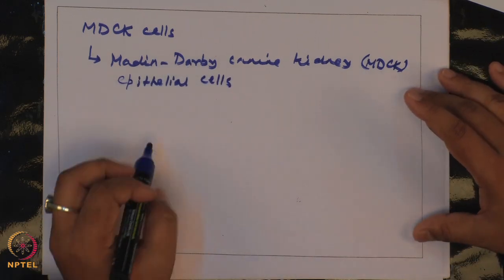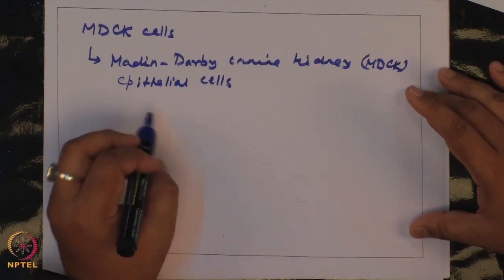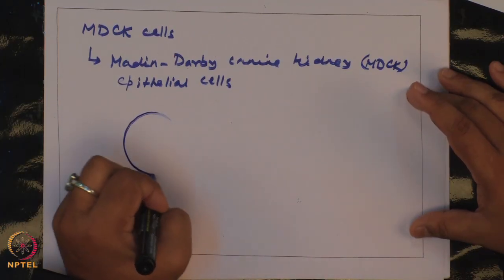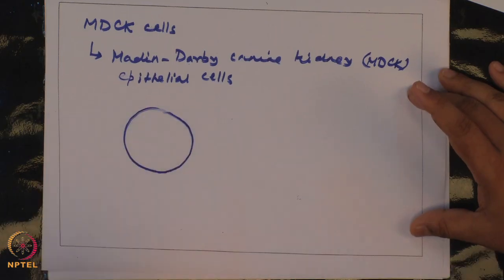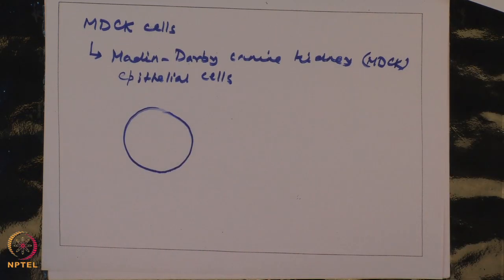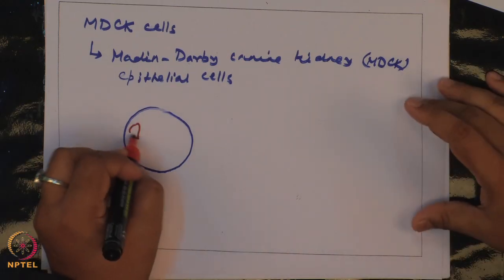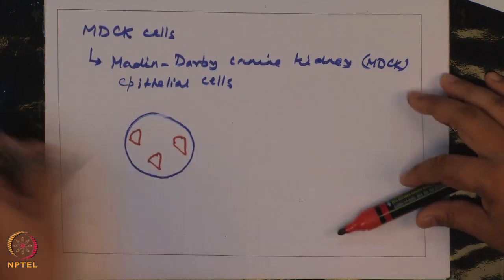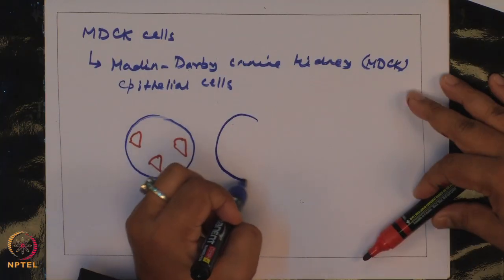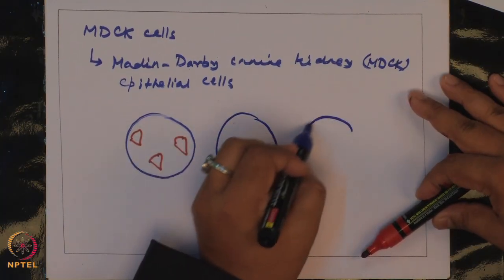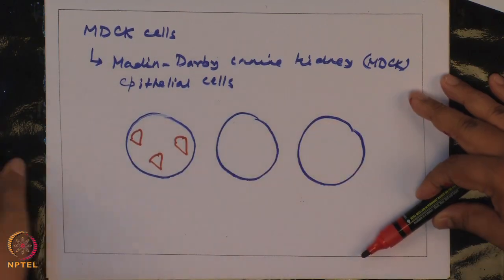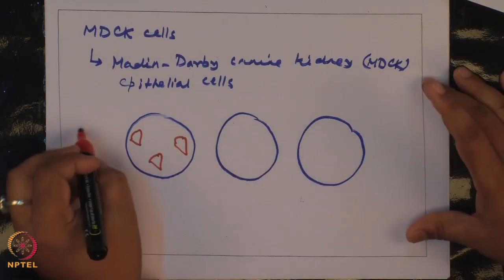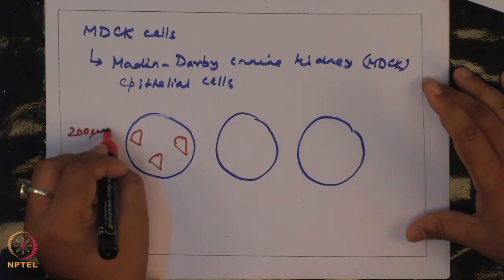So, if you plate these MDCK cells on a circular pattern, let us say these are roughly 200 micron patterns.